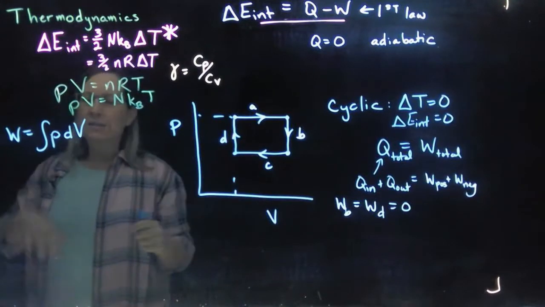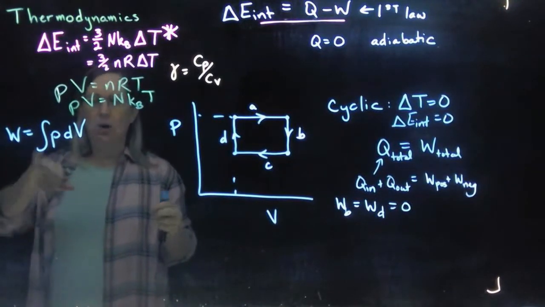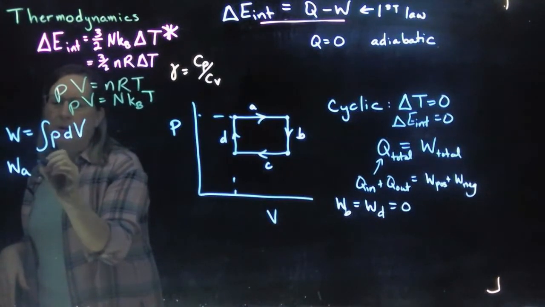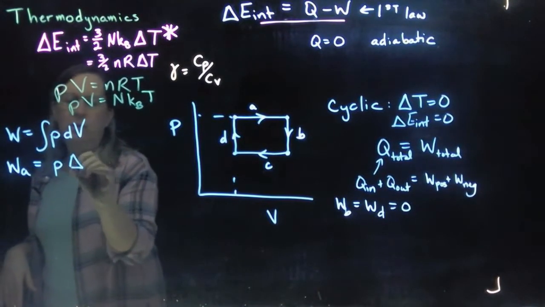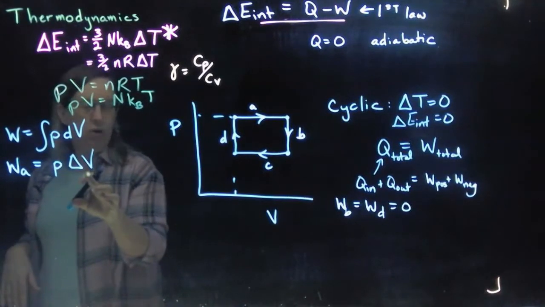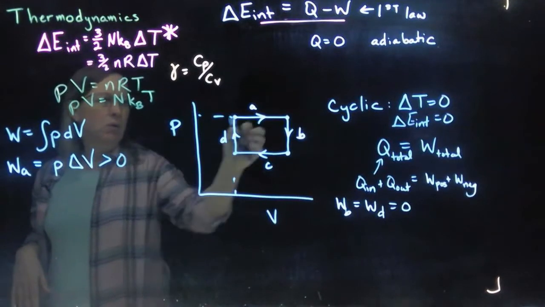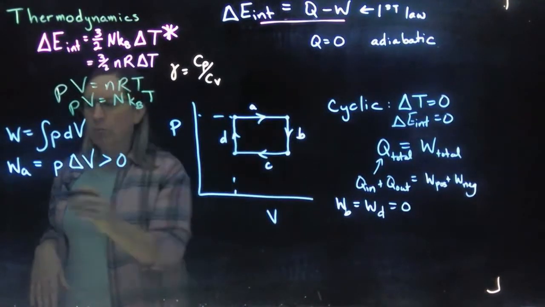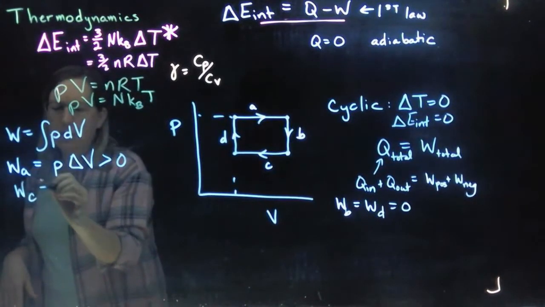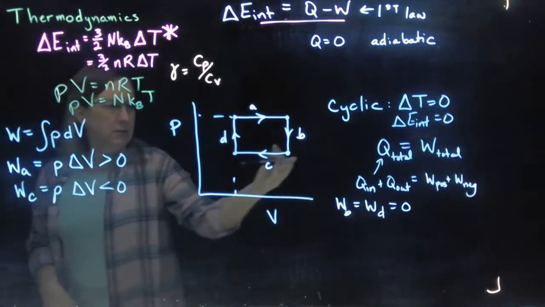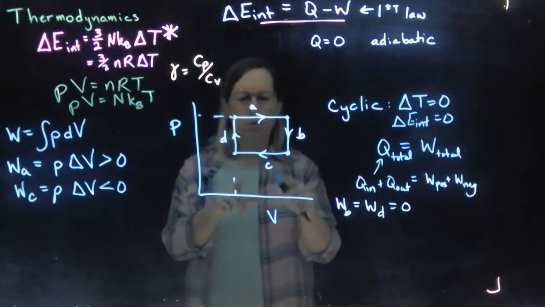On A and C, the pressure is constant, it can come out. So for work A and C, this is pressure times the change in volume. Notice that for work A, this is greater than 0 because we're going to a bigger volume. Work C is at a lower pressure. This is less than 0, so that's this area under the curve here.